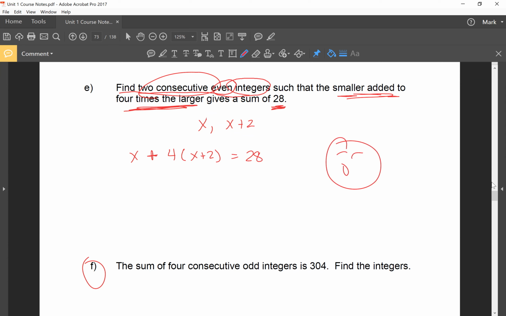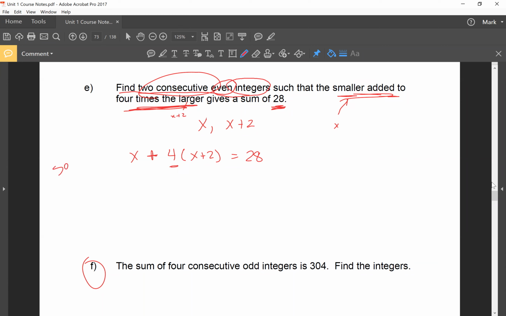Crazy, right? It's actually not that crazy, but you have to be really careful. The smaller, which is x, is added to 4 times the larger, which is x plus 2.